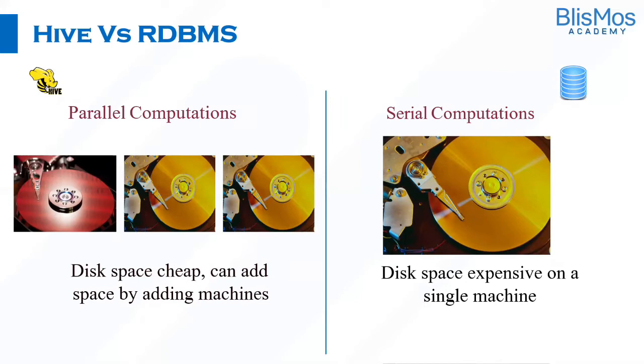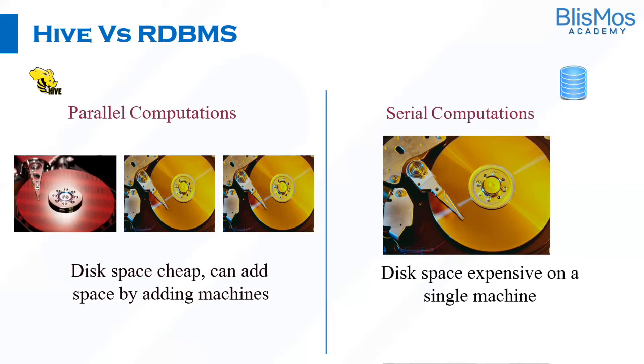Why are we going for parallel computations? We already understood, because disk space is very cheap, storage is very economical these days, we can easily add more number of machines. Hadoop framework supports adding more machines horizontally.